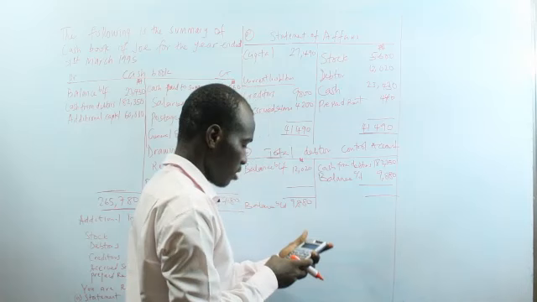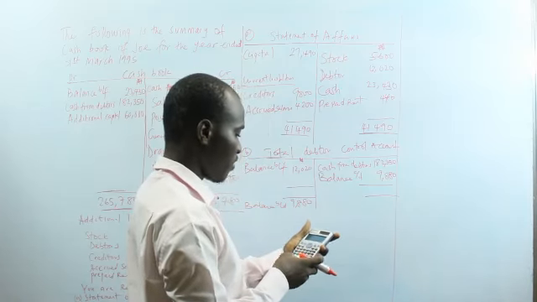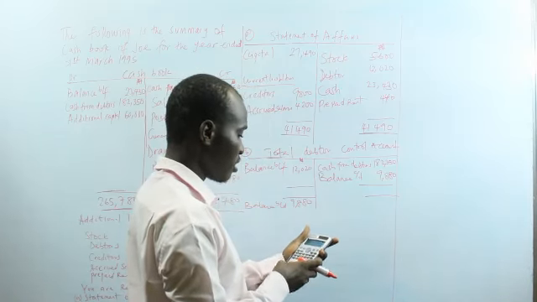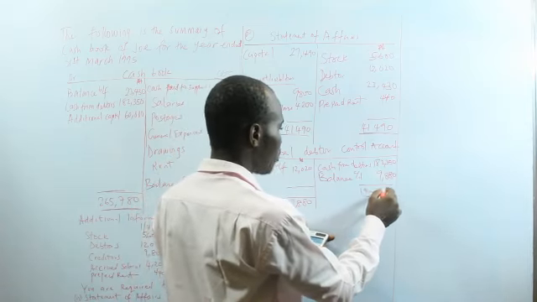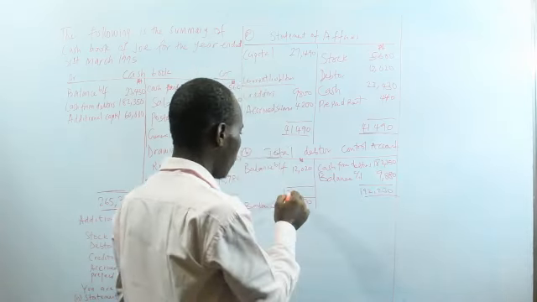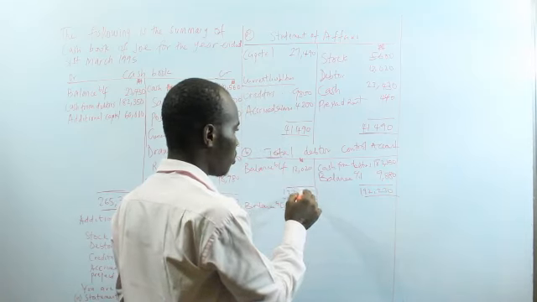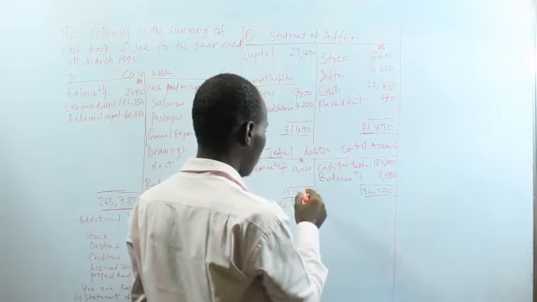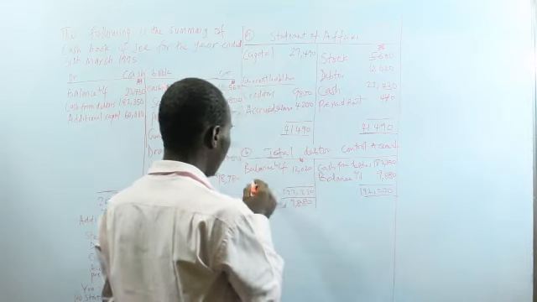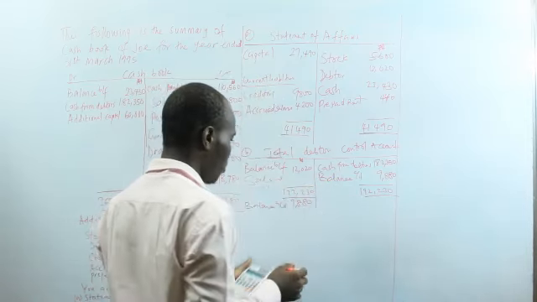We can then add 182,350 plus 9,880, which gives 192,230. The difference will serve as our credit sales within the period.